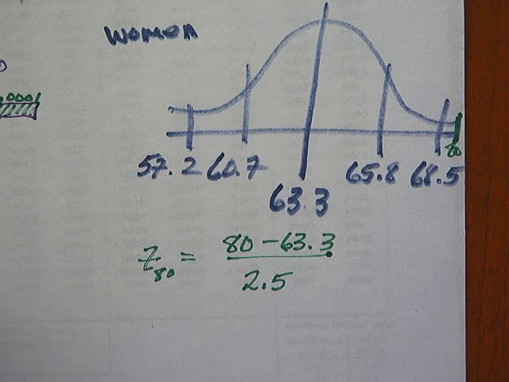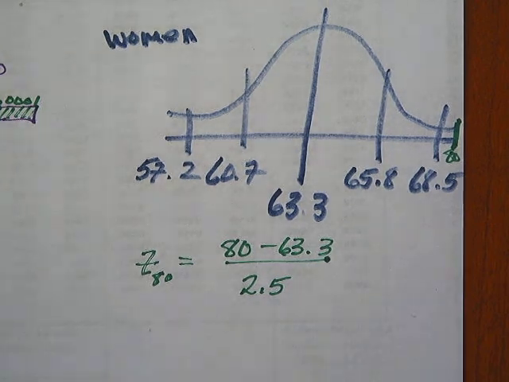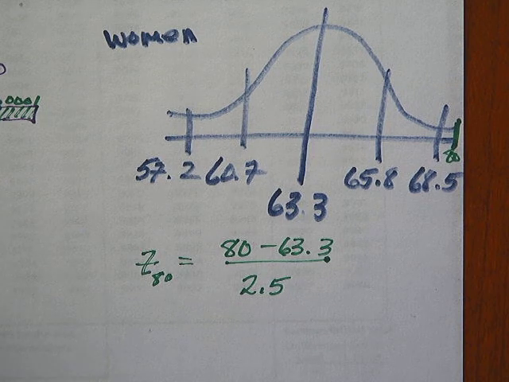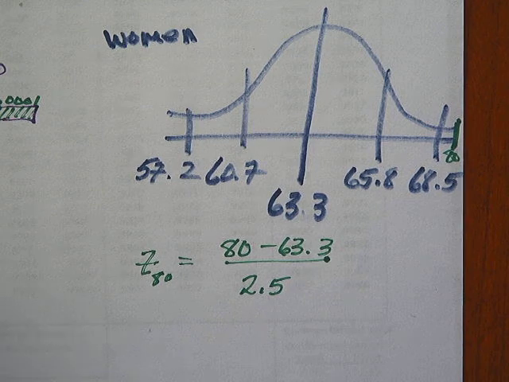So let's take our handy dandy calculator out, and we will do 80 minus 63.3, and that's equal to 1.26 divided by 2.5, and that comes out to be, well, that's not right.